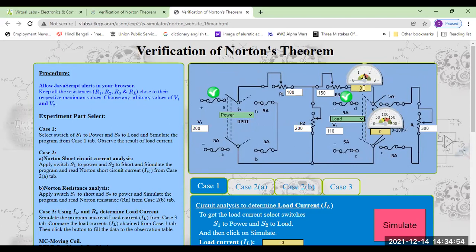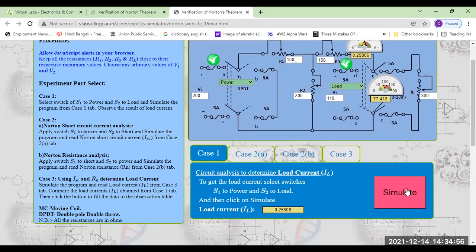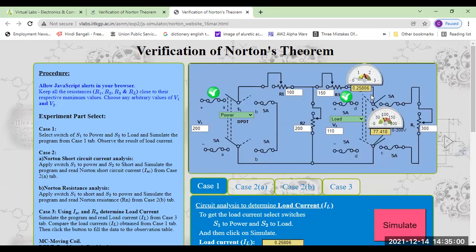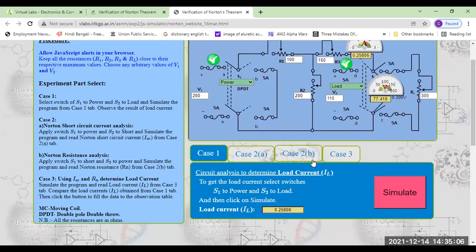Just simulate it. Yes, this current is 0.25806, which is flowing to the load resistance 300. So we have to check if, after applying the Norton theorem, this is correct or not, because I just changed this. They prescribe that you have to change everything one by one.